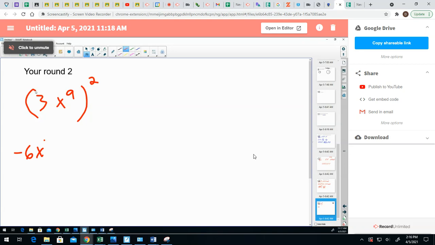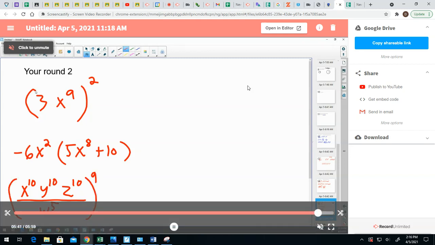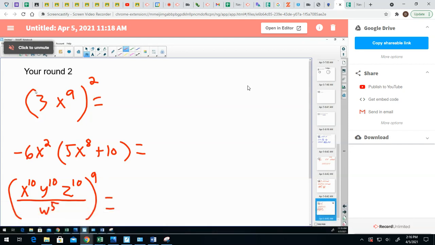Negative 6x to the second times 5x to the 8th plus 10, and x to the 10th, y to the 10th, z to the 10th, all over w to the 5th, raised to the 9th power. Okay, so you want to pause and do those, and that'll be it for today.